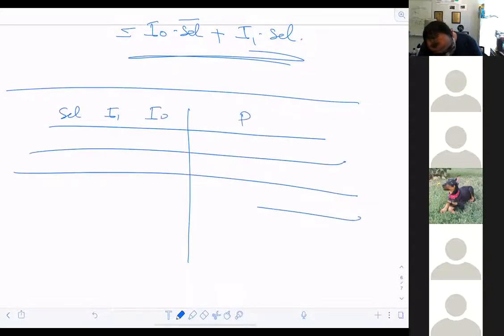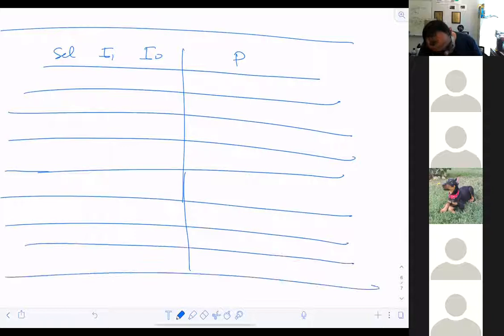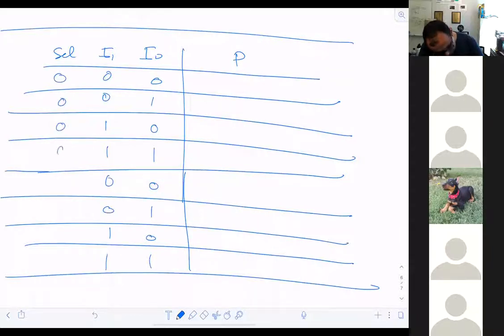1, 2, 3, 4, 5, 6, 7, 8. 0, 1, 0, 1, 0, 1, 0, 1, 0, 0, 1, 1, 0, 0, 1, 1. 1, 2, 3, 4, 1, 2, 3, 4, right? M0, M1, M2, M3, M4, M5, M6, M7.